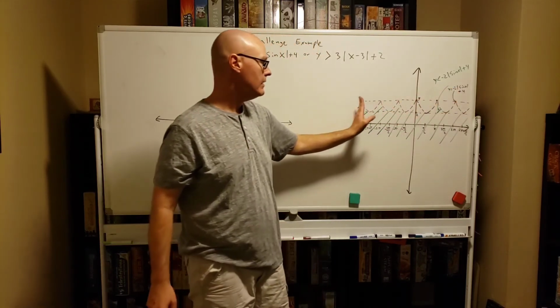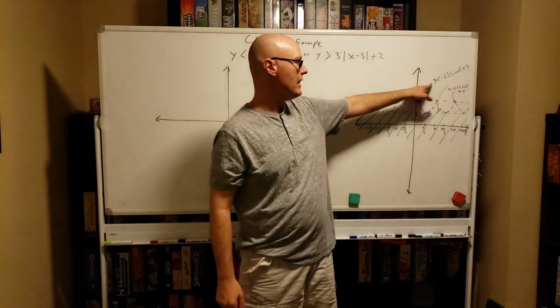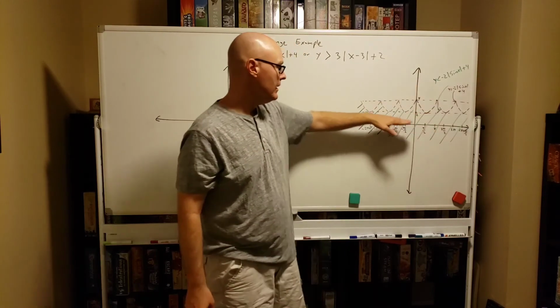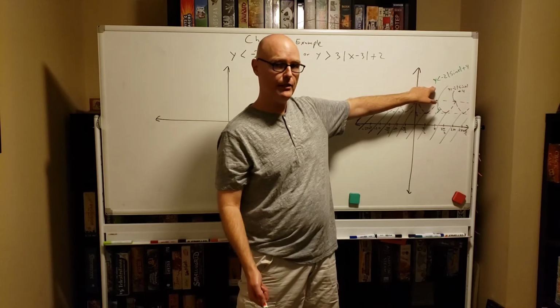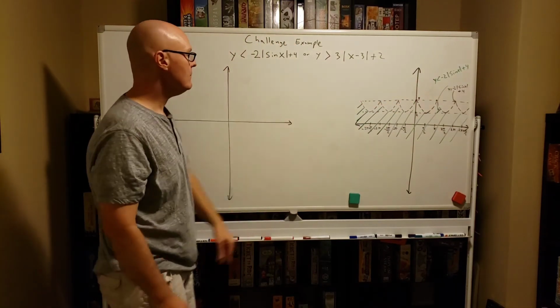It's this purple line here. And we know that y can be a value that is less than this value. So the green hash is what meets this condition. However, I do have 2 conditions, so I've got to look at the other one too.